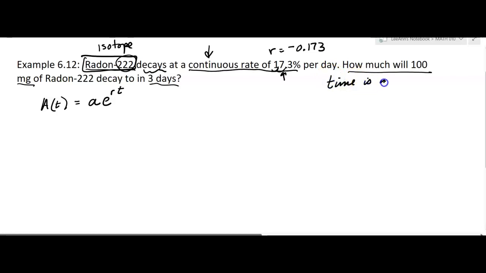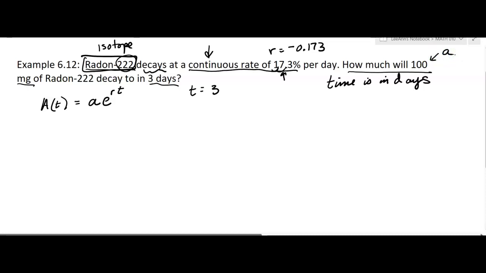So remember we talked about the time, our money problems are years, but these other examples might have a different rate per unit of time, and this one is in days. Okay, so our T is 3. And then we know we are starting with 100 milligrams. So that's going to be our initial amount, the 100 milligrams.